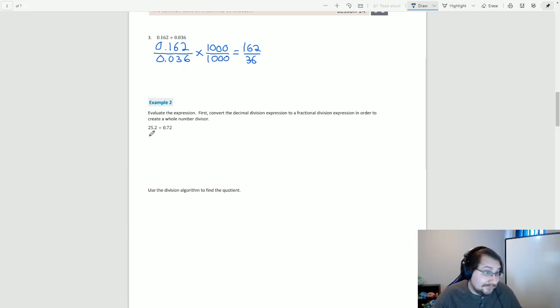So, first things first, let's change it into a fraction. I have 25.2 as my numerator, and I have 0.72 as my denominator.